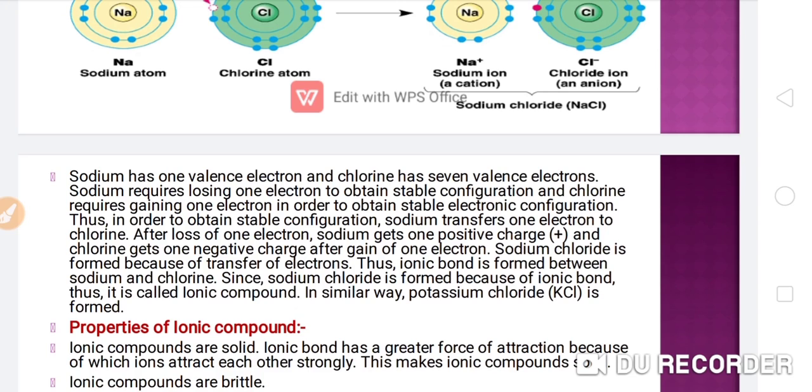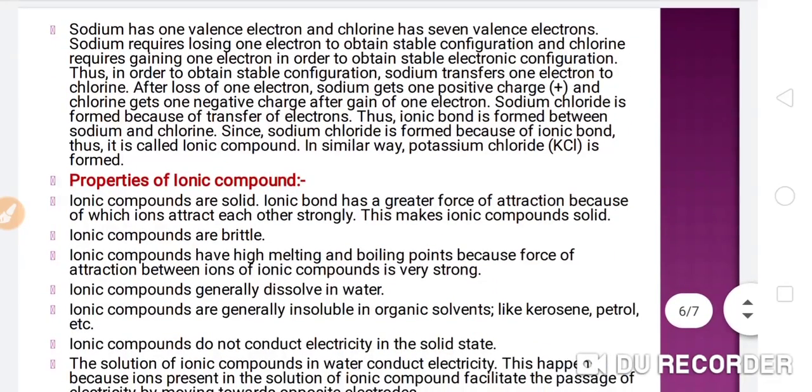Thus, the ionic bond is formed between sodium and chlorine. Since sodium chloride is formed because of the ionic bond, it is called an ionic compound. In a similar way, potassium chloride is formed. So this was the explanation for the ionic bond and the ionic compound.